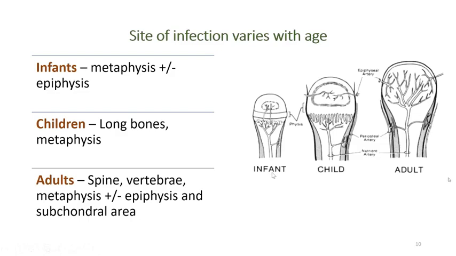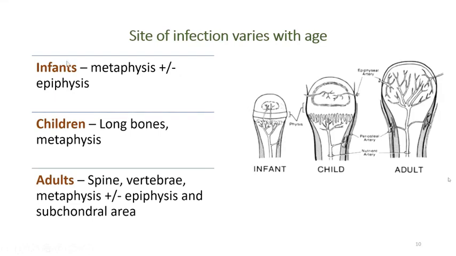In infants, where the growth plate is open, metaphyseal arteries have a connection between the growth plate and the epiphysis. So whatever infection is coming into the metaphyseal region will enter through the growth plate into the epiphysis.